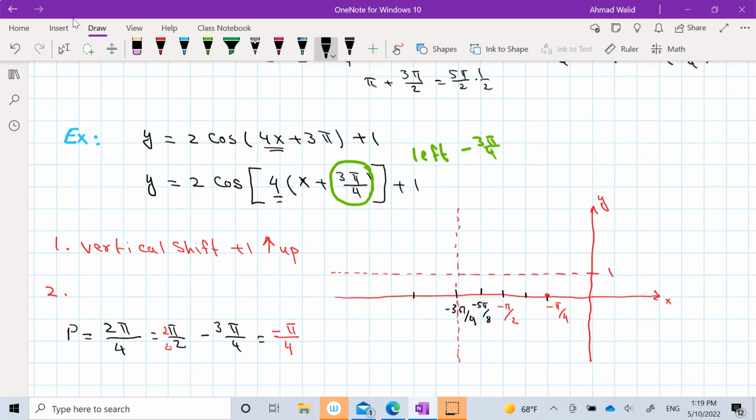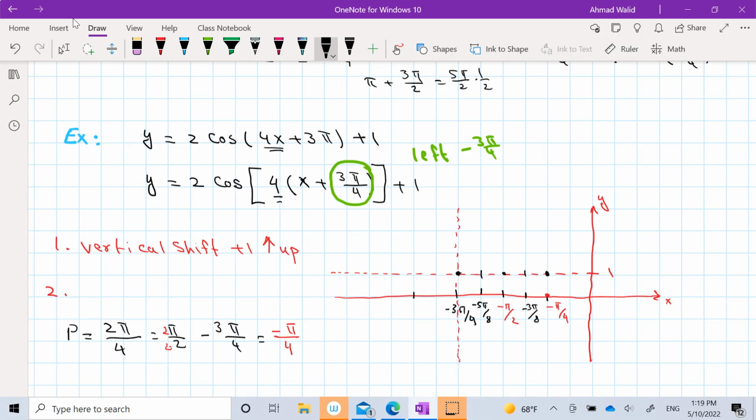And also here in this quarter, it gives you negative 3 pi over 8. This is the old x-axis. Move your points on the new one. Here, here, here, here, and here.